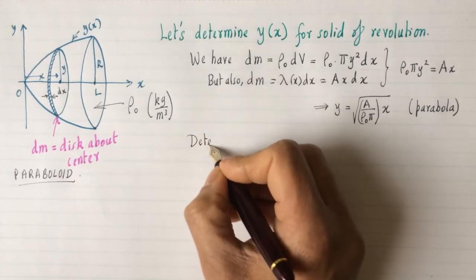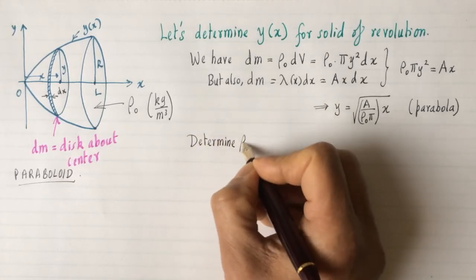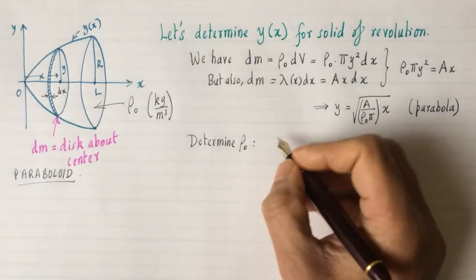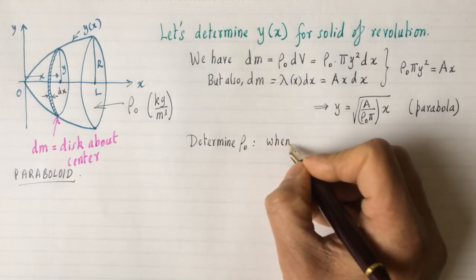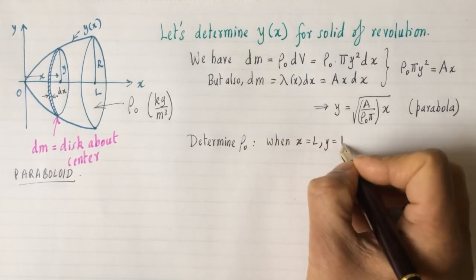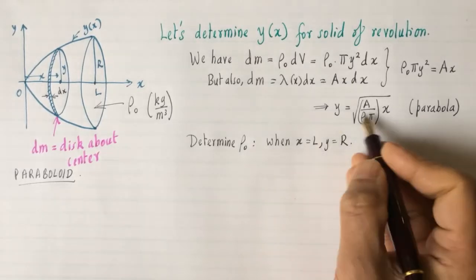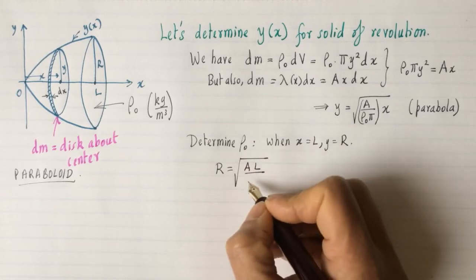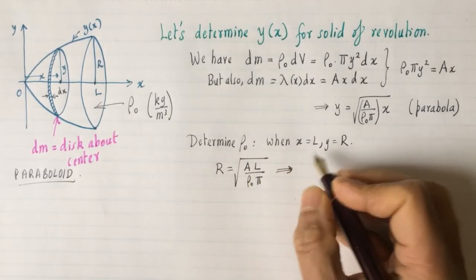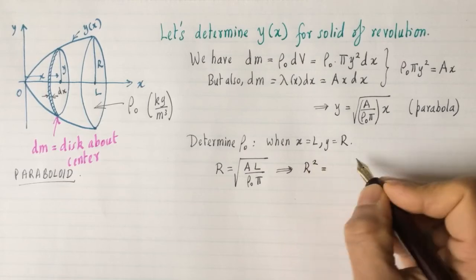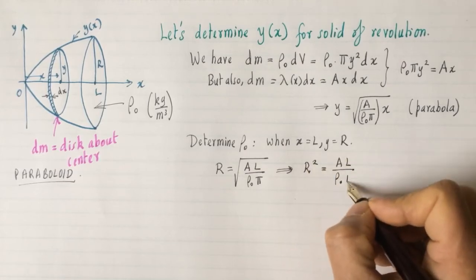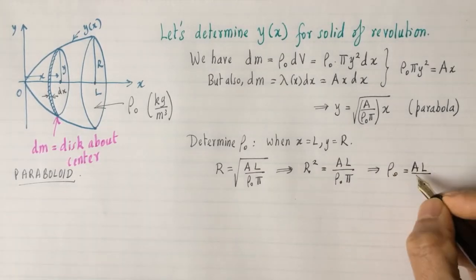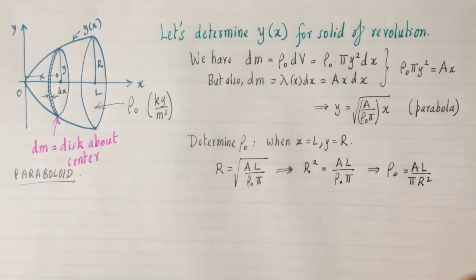Determining rho naught is merely a question of setting that when x equals L, y must be equal to R. So I get R equals the square root of AL over rho naught pi. Let's square both sides. R squared equals AL over rho naught pi. And this immediately determines rho naught. It's just AL over pi R squared.